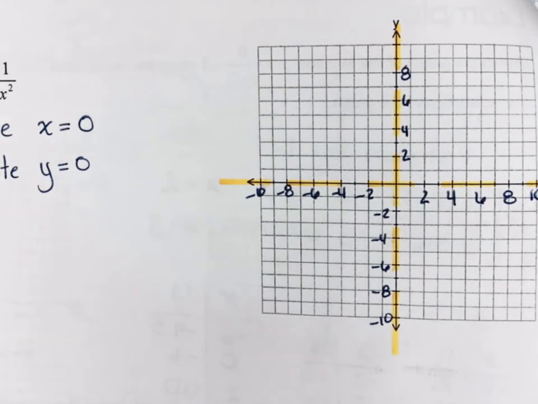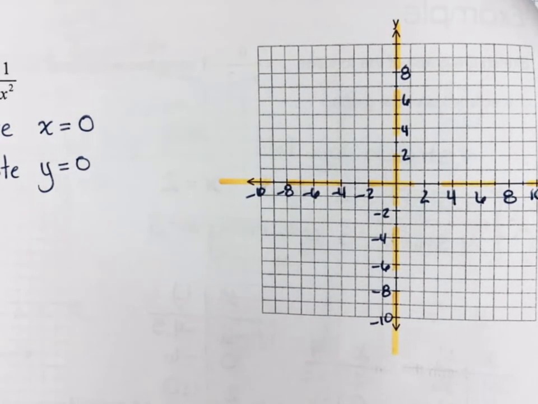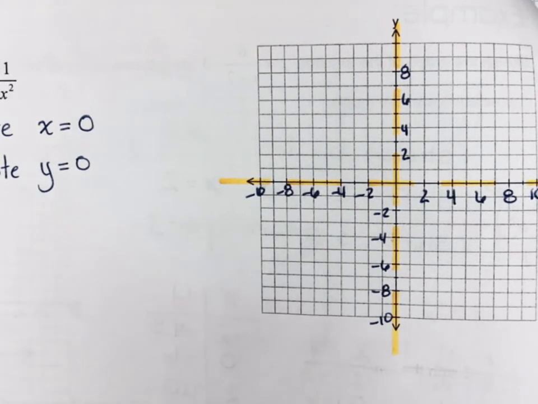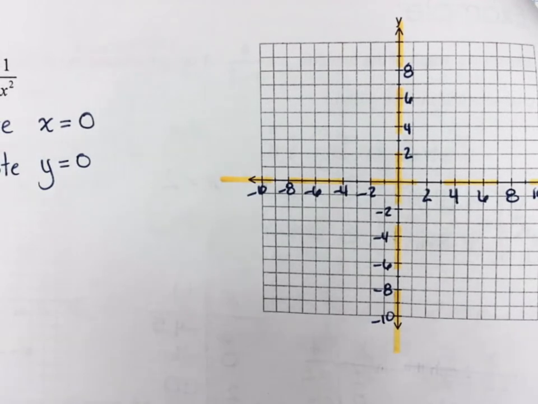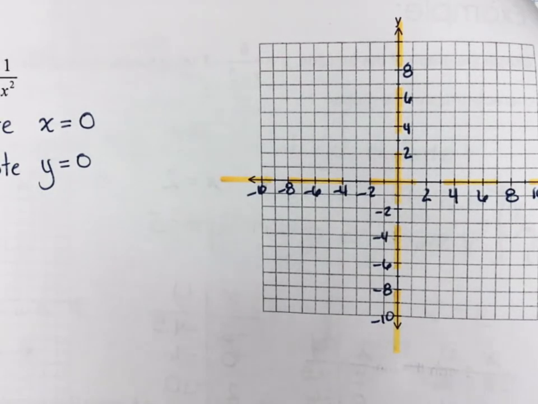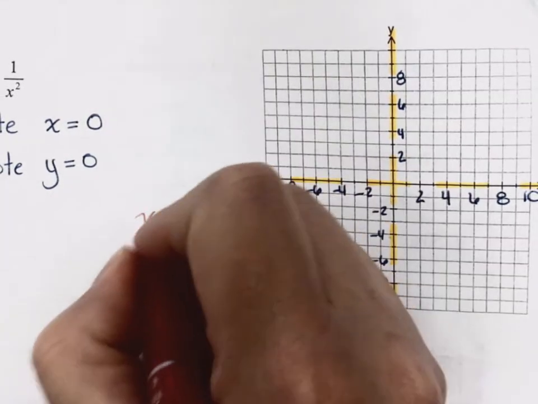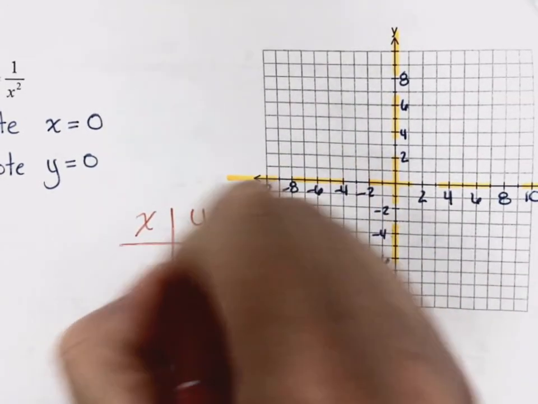I'm not even going to do a table of values. We're going to do it in our heads, folks. We're going up by one. Every tick is one. Okay, maybe I should do a table of values. I was cocky there for a second.